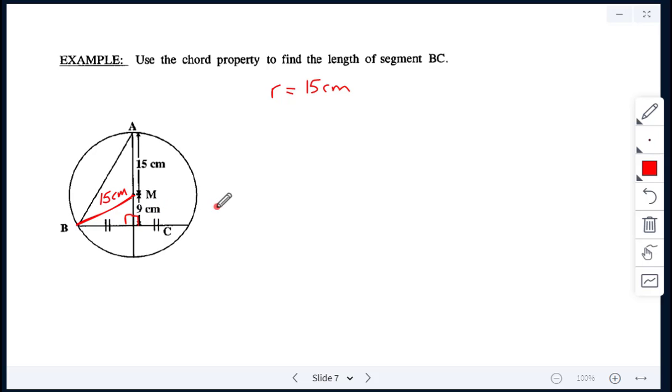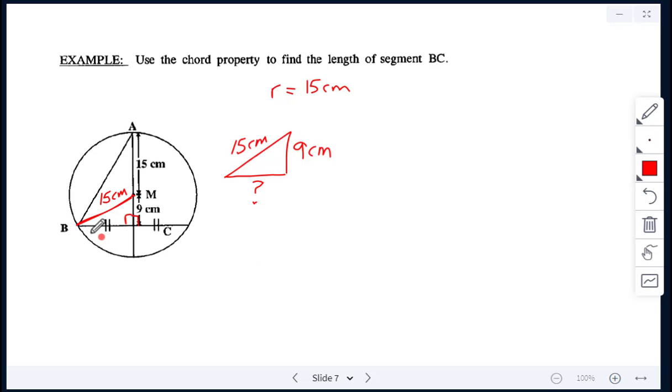So basically now we have drawn a smaller right triangle that looks like this. Okay, we know this is 15 centimeters, and we know this is 9 centimeters. So we can solve for that portion there.